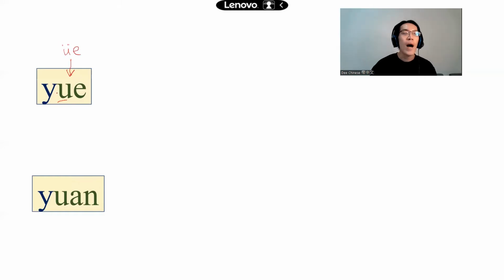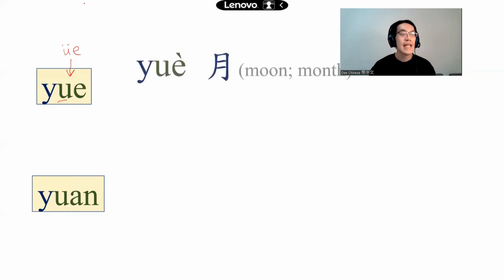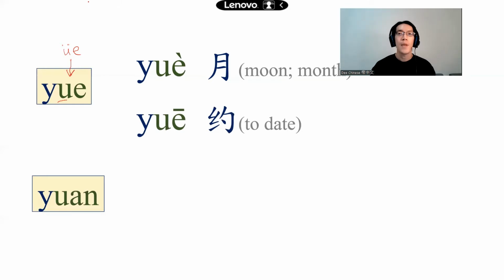Y and ue, you can pronounce yue, just like the first one, yue. Yue means moon or month. And the next one is yue. Yue means to date with someone or to date with friends.